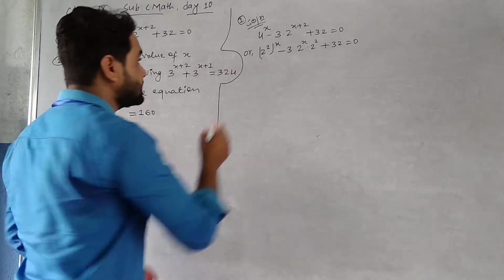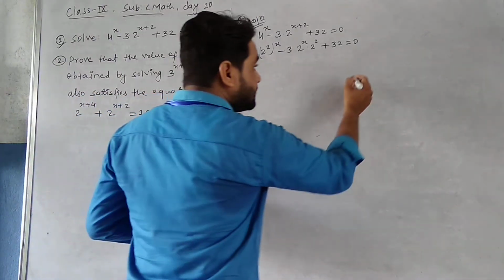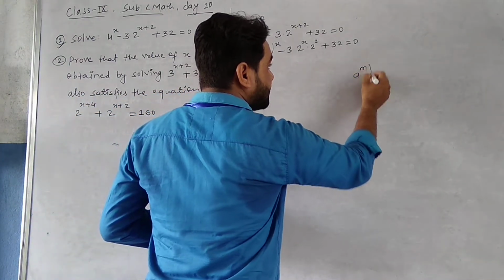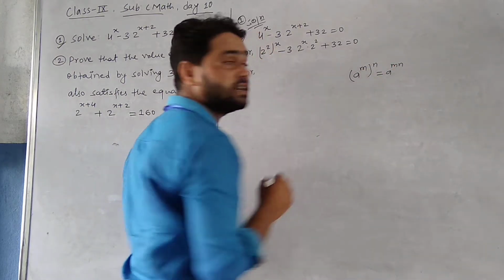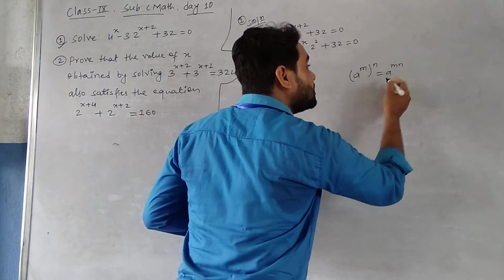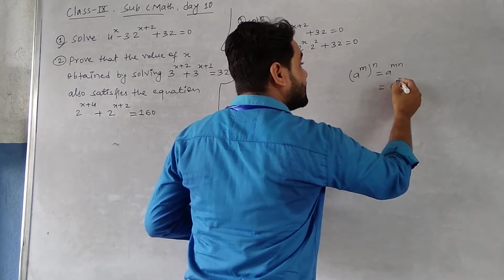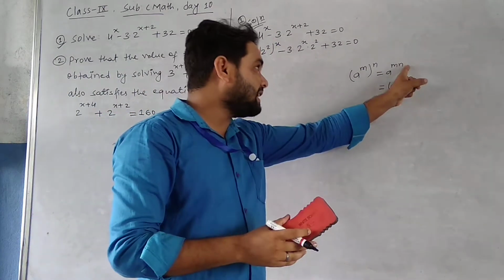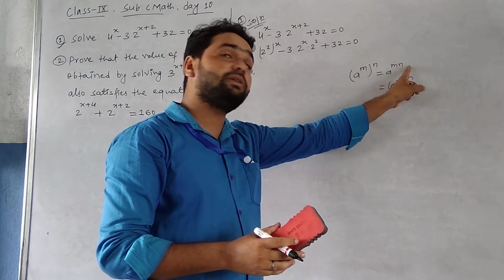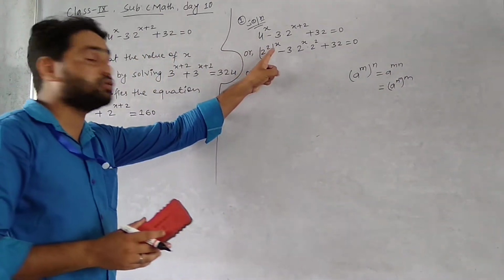Now look here, if a power m whole power n is there, then we can write a power m into n. And this m into n also can be written as a power n whole power m. That is the same. These powers are in the multiplication, we can exchange that one after another, and we are going to do the same over here.